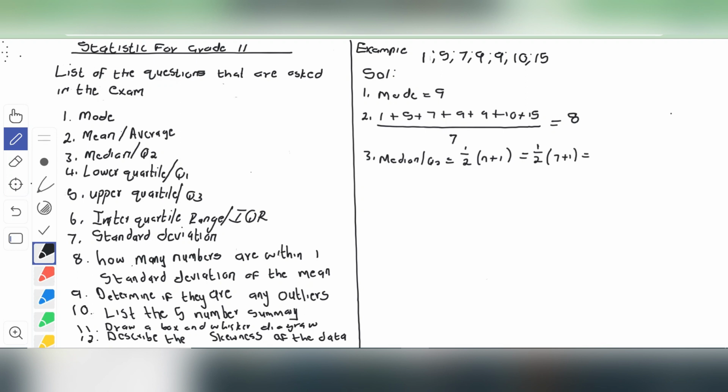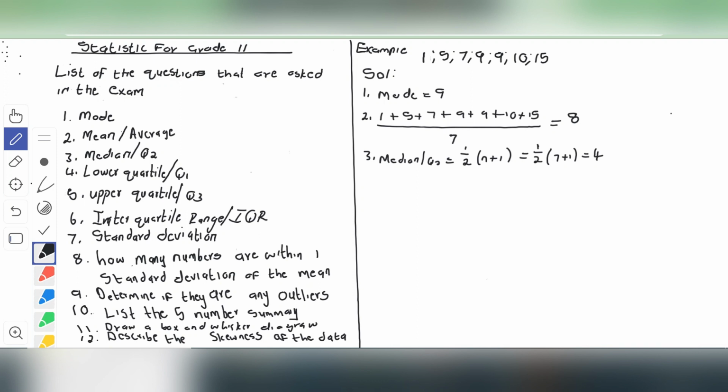Then we calculate using a calculator, and the answer is 4, right? So we are not done. This formula that we used to determine the median helps you to know the position of where your median number is. Let me repeat it again.